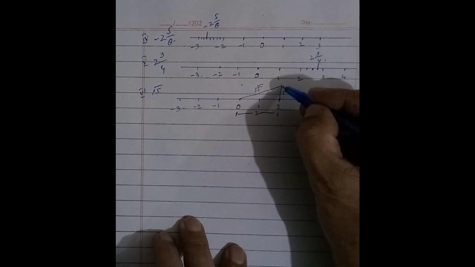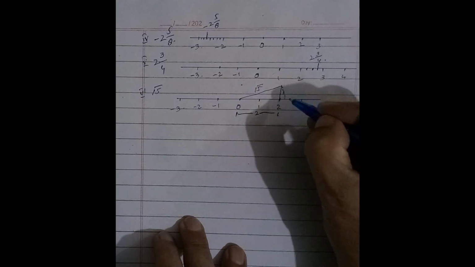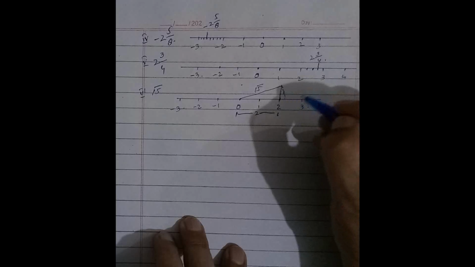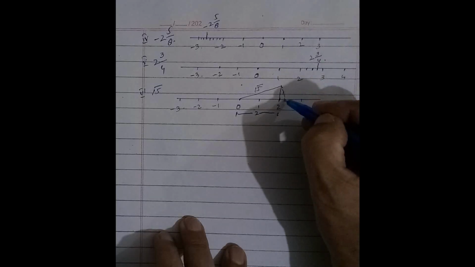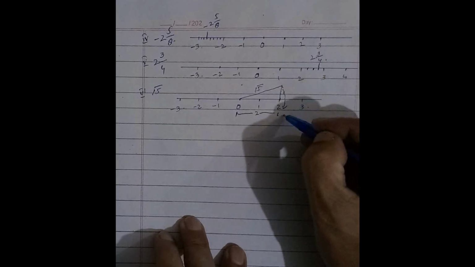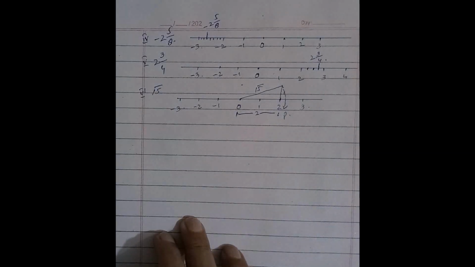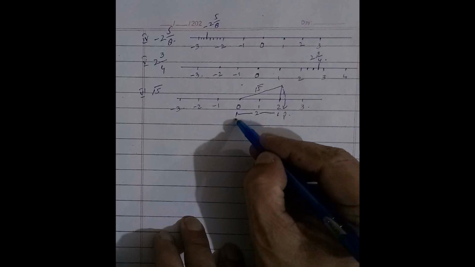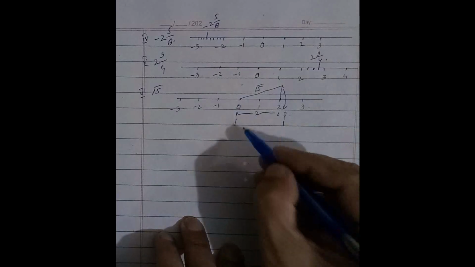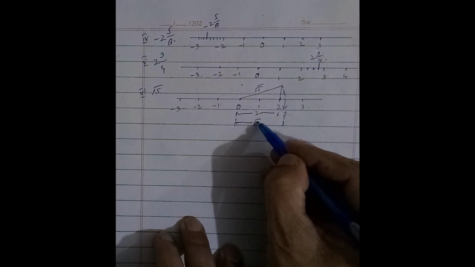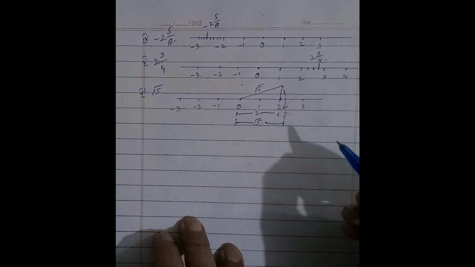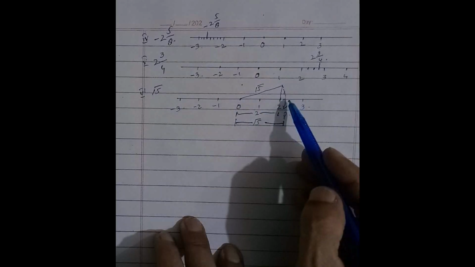And we represent it as a circle arc, this point which is equal to P. So the square root of 5 is between 0 and P.